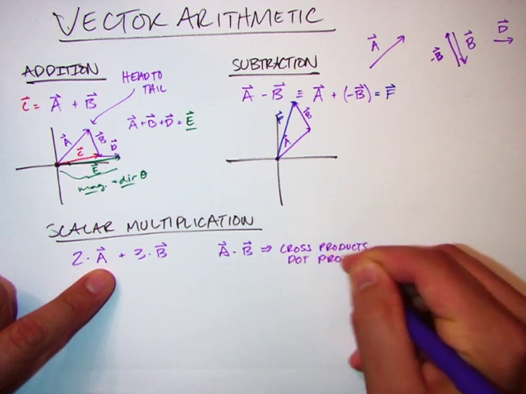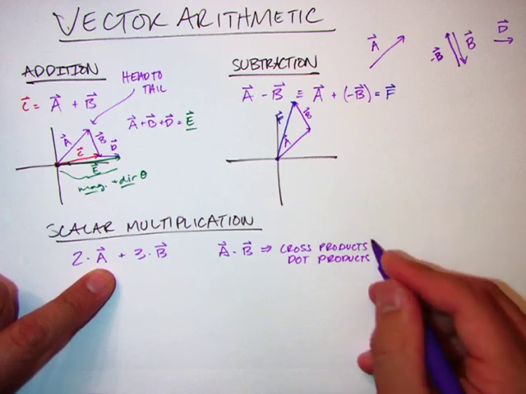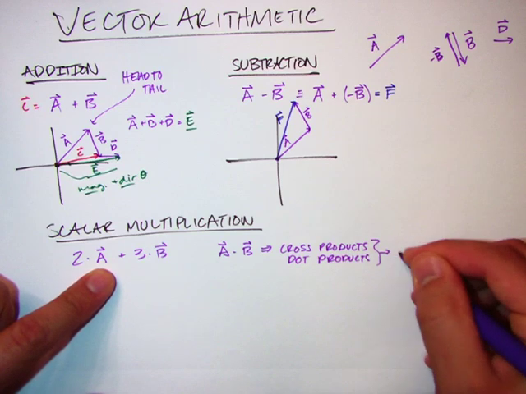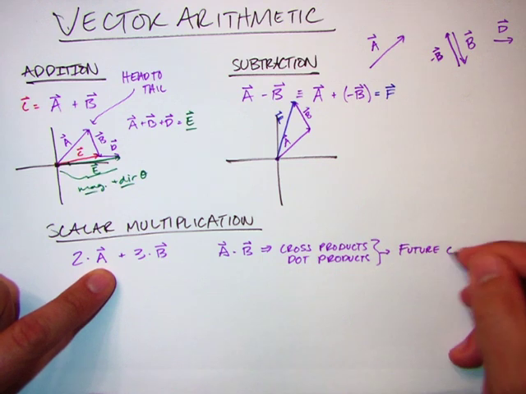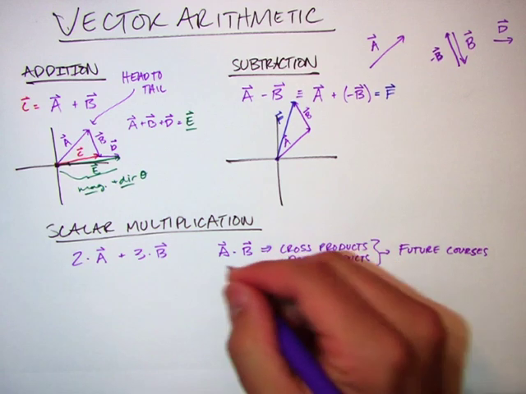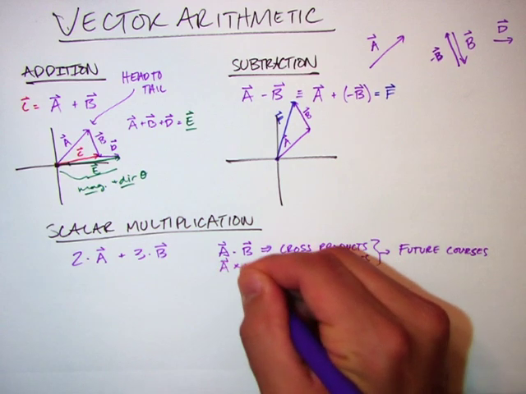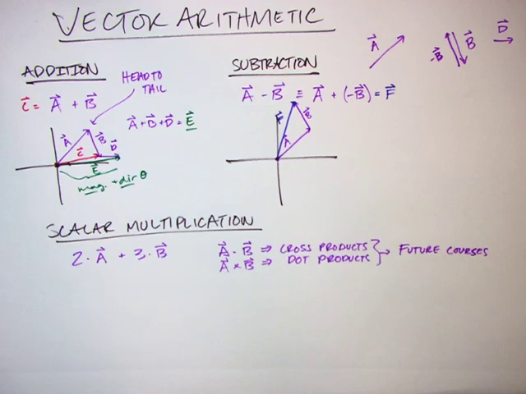Okay, this is vector arithmetic that is for future courses. So if you're taking future mathematics courses or future physics courses, you'll get into dot products, A dot B and A cross B, right? These are beyond the scope of this course, but for this course, we can multiply vectors by a scalar.